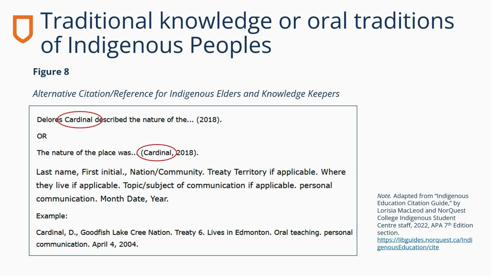The source's last name is used for the in-text citation, while the reference includes such information as nation or community, treaty territory if applicable, location, and topic of discussion. The act of including a reference for traditional knowledge brings more deserved credibility to the source and removes the inequitable privileging of textual sources of information compared to oral.